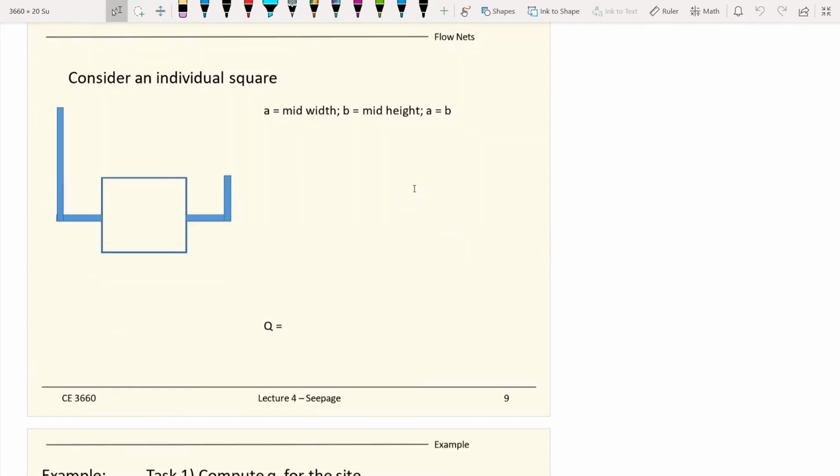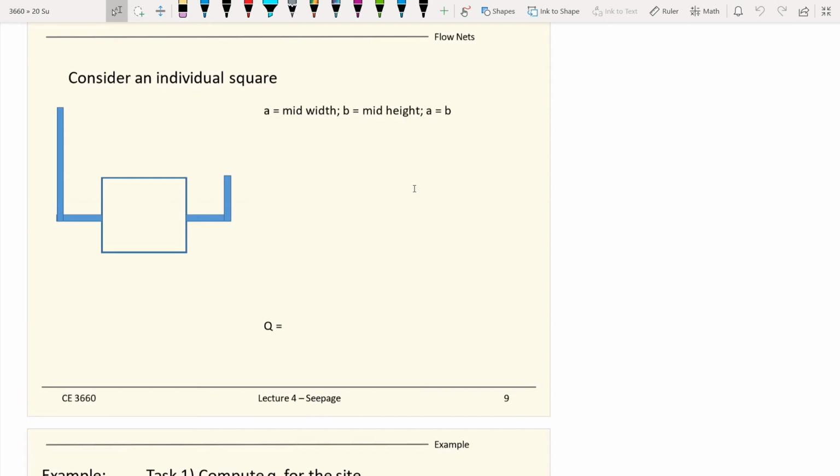Okay, so from the equipotential lines, we can find out all the heads. And remember, for this lecture, for the purpose of using a flow net, there's another goal we need to achieve. That is finding the total amount of flow going through the flow net, which is going through our geotechnical structure or the site that we want to investigate.